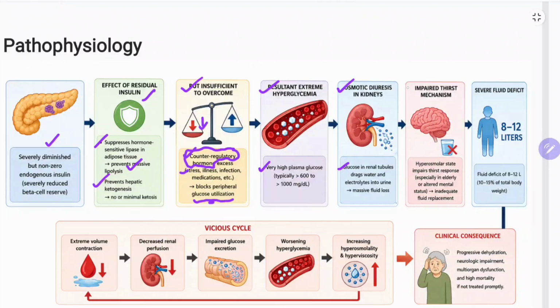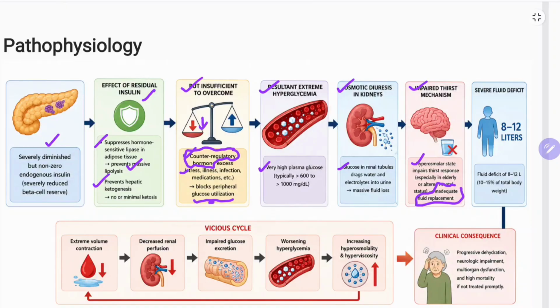Now one thing is, the patient will also have an impaired thirst mechanism. So the hyperosmolar state impairs the thirst response, especially in elderly or altered mental status. So that causes inadequate fluid replacement. So in these elderly individuals, even though dehydration is occurring, because the thirst mechanism is not good, they are not able to replenish the lost fluid by intake of water.